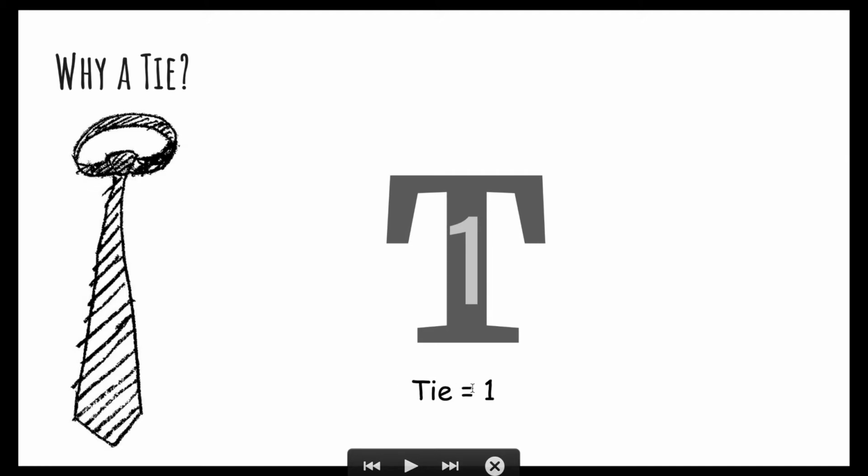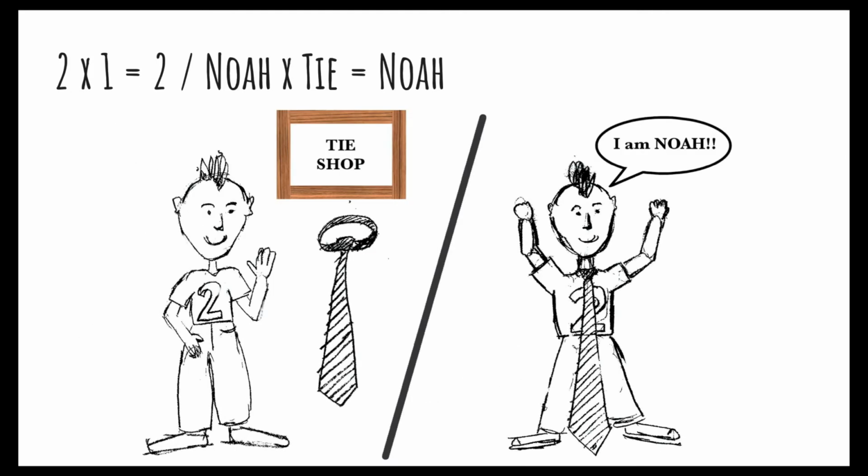Thus, tie equals 1. So now if we go back to our story, Noah, which is the number 2, multiplied by tie, which is the number 1, is still Noah, which is 2. Thus, 2 times 1 equals 2.